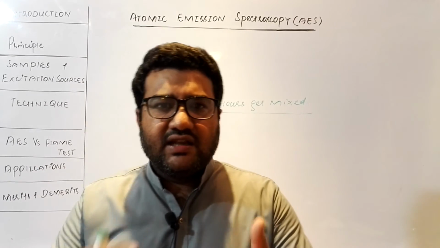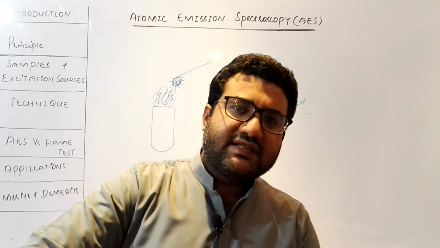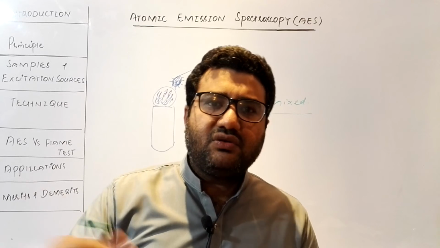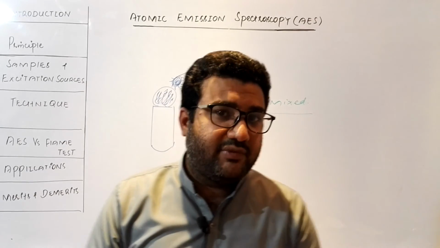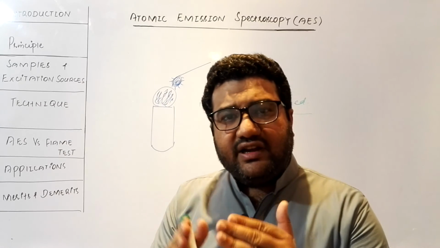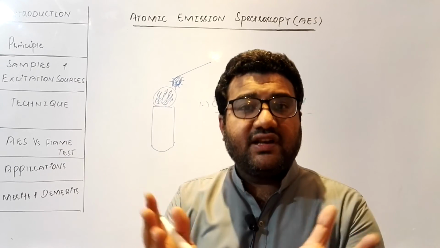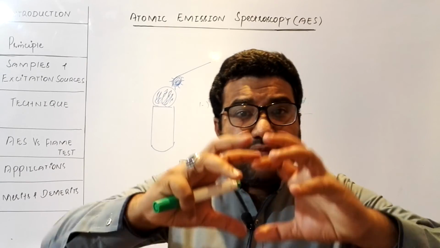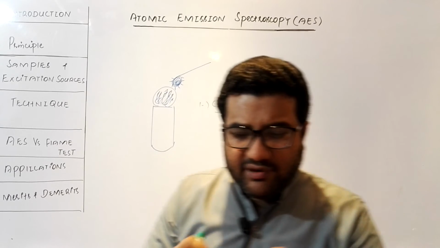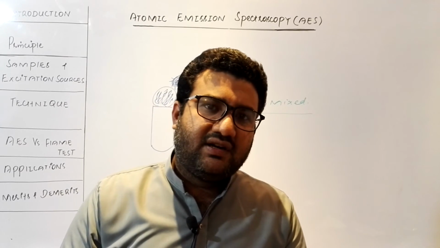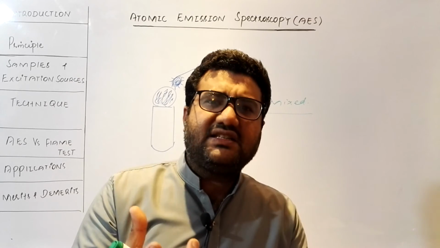Suppose in one atom, the electron excites from first shell to the fifth. In the other, the electron excites from first shell to the fourth. So different electrons will absorb different energy and their excitation will be different. When they will be de-excited, the photons of different frequencies, different energies will be produced. There will be a mixture of the photons, there will be a mixture of the colors, and sometimes it becomes very difficult for us to distinguish or to notice which color is going to be produced.